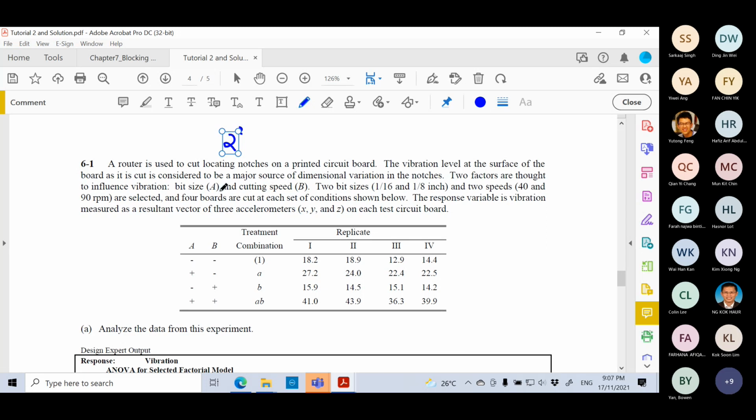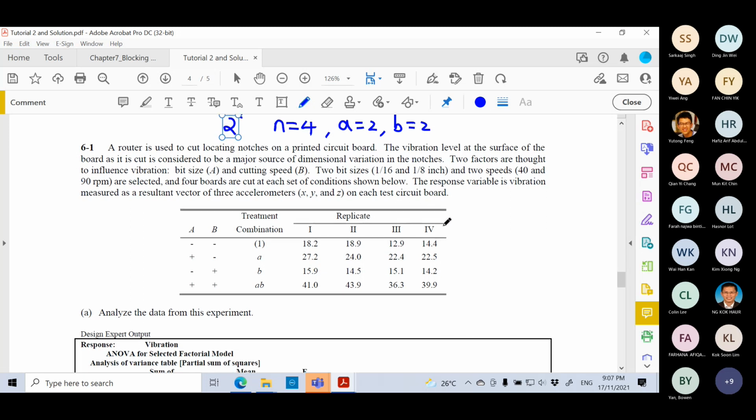So for this case, you study 2 factors, and you have n equal to 4. You repeat 4 times. A is equal to 2 levels, B is also 2 levels, and then you have four treatment combinations. The n equal to 4 means they have repeated 4 times.